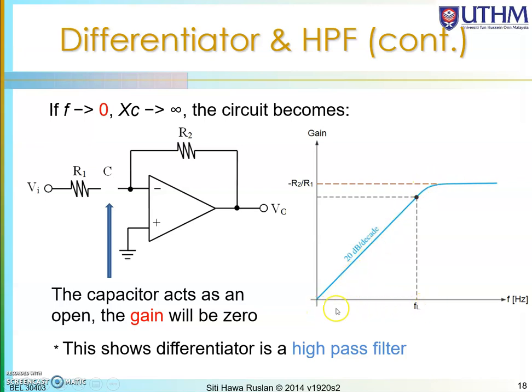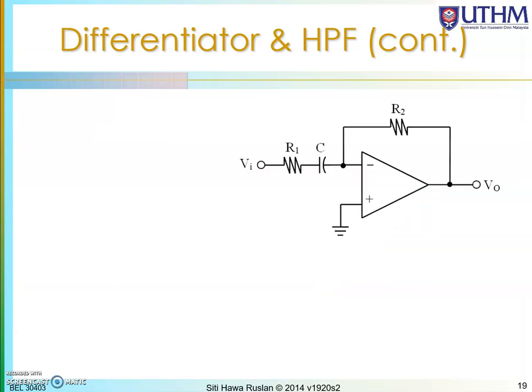As you increase the frequency, the gain will increase up to the maximum, minus R2 over R1. So after the cutoff, you have a gain. Before over here, it is the transition. So this is the behavior of a high pass filter. Only high frequency greater than FL can pass through the circuit.